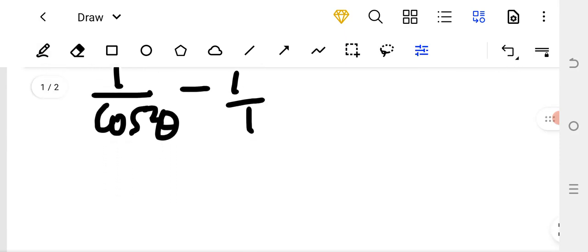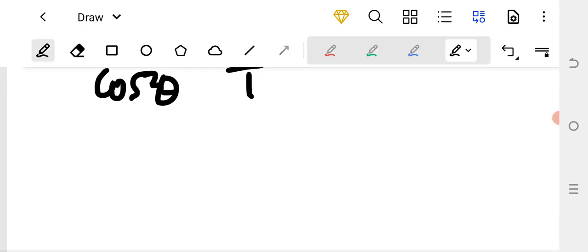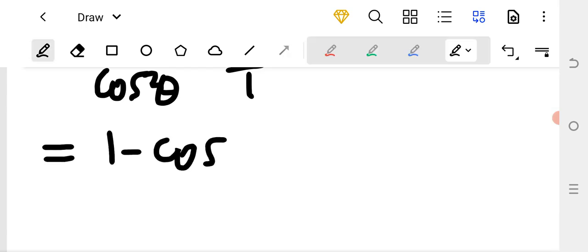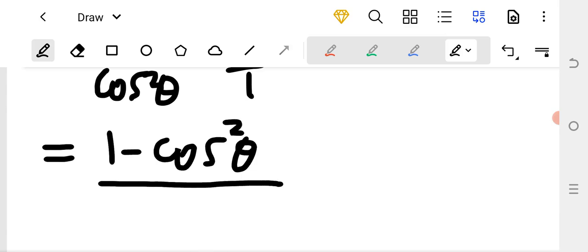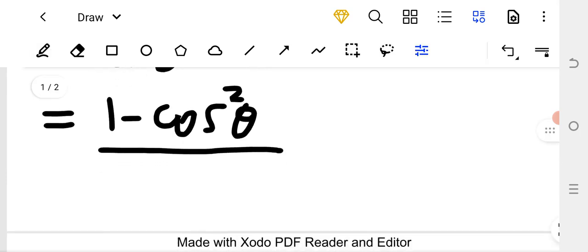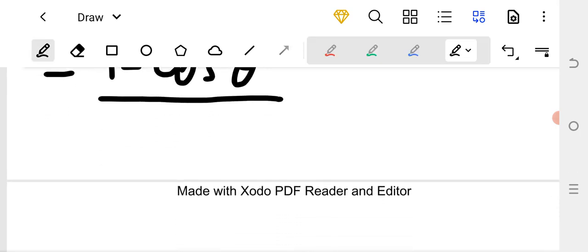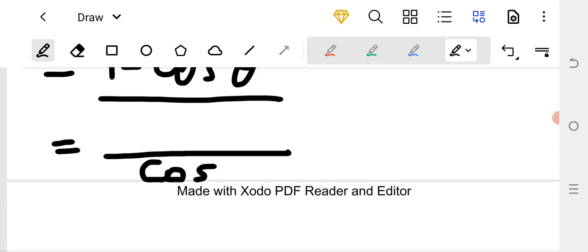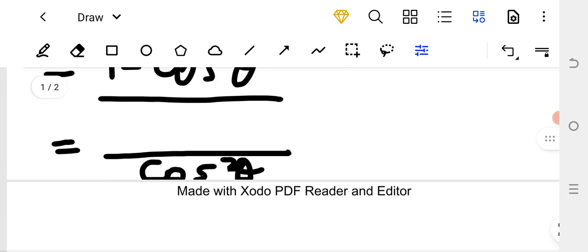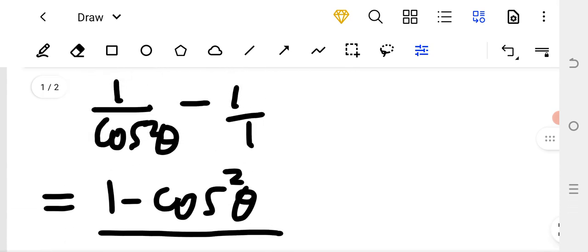So we keep the numerator the same, 1 minus cos theta squared. Then you divide by, now that we're finding the lowest common denominator, the lowest common denominator of 1 and cos theta squared is cos theta squared.